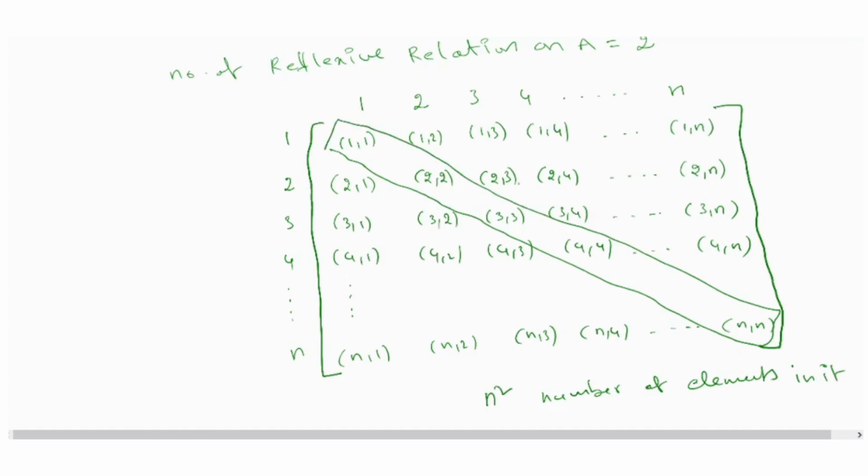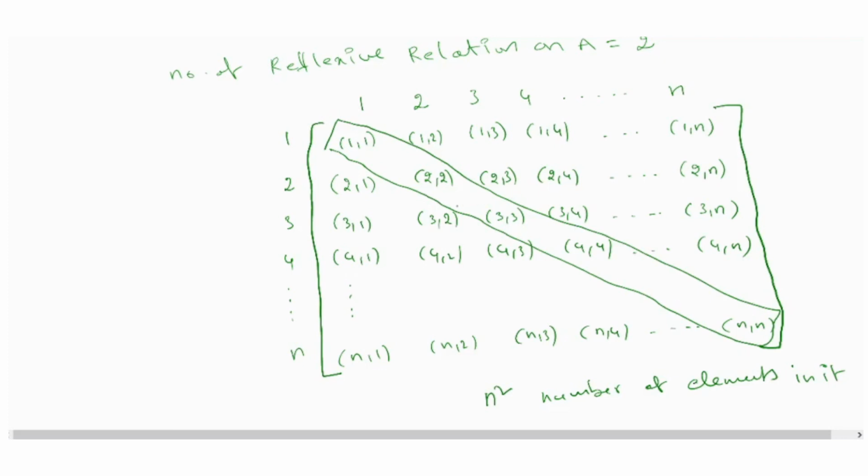Here if R is a reflexive relation on A, and A contains 1 to n elements, then all these principal diagonal elements must belong to R.